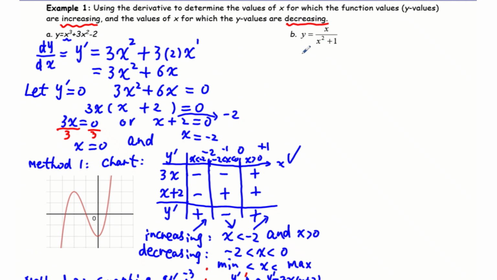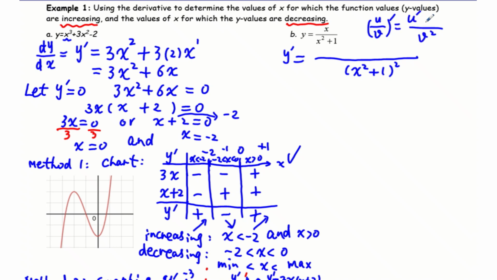So we want to find the y prime again. And for this one, there are two ways. One way is to change it to multiplication, or another way is just to do the derivative of a quotient. So it will be the denominator squared.